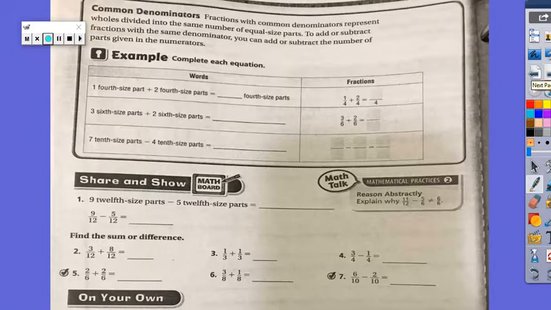Common denominators. Fractions with common denominators represent wholes divided into the same number of equal sized parts. To add or subtract fractions with the same denominator, you can add or subtract the number of parts given in the numerators.